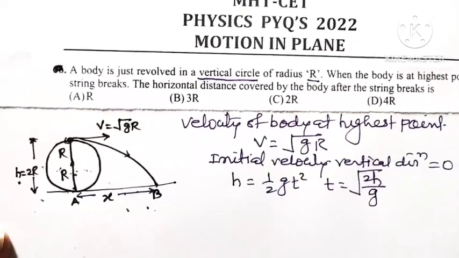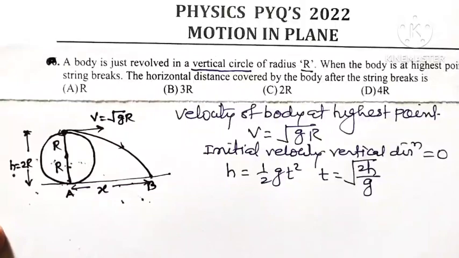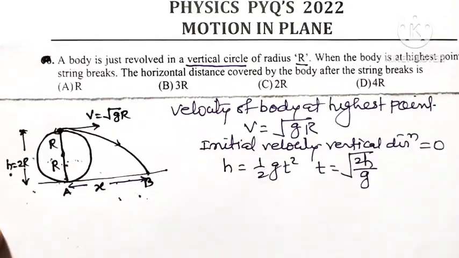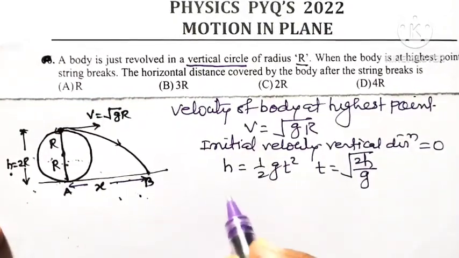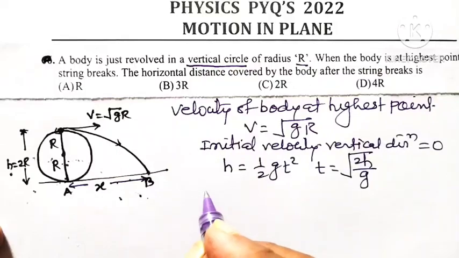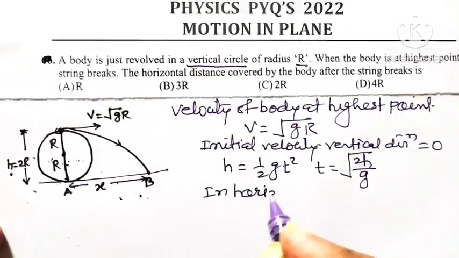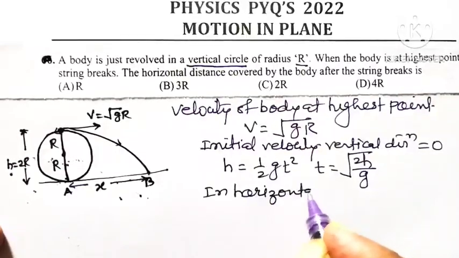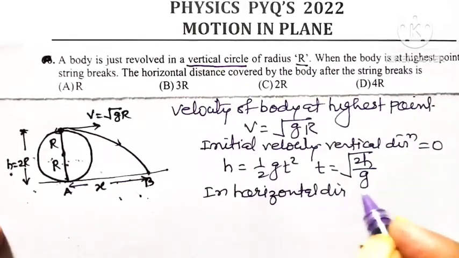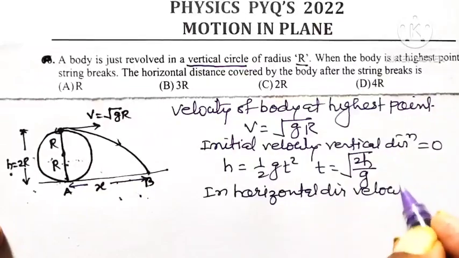Now in horizontal direction, the velocity of the body remains constant.